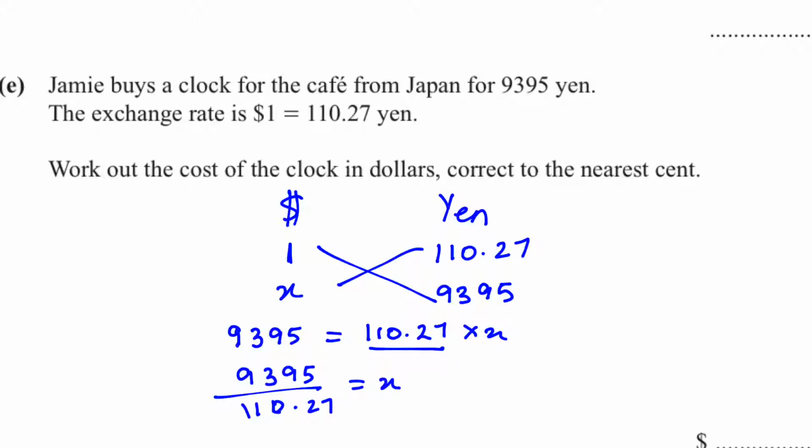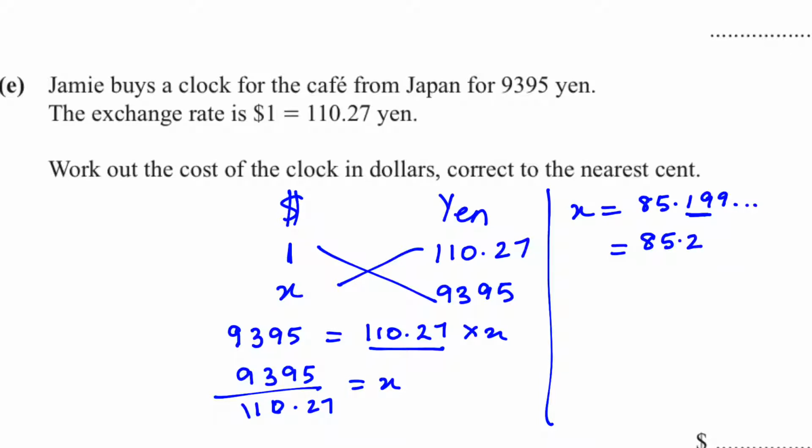Put it in the calculator and we will get x is equal to 85.199. We want to round it to the nearest cent. So the nearest cent will be at 2 decimal places. It will be 85.2. It will be 85.20.